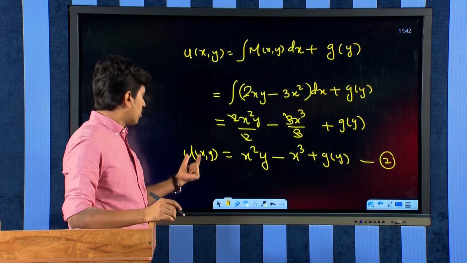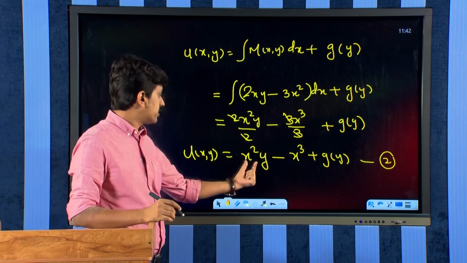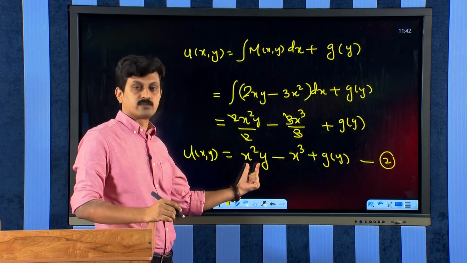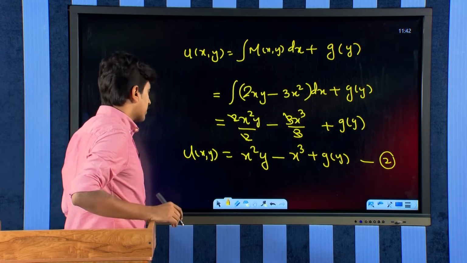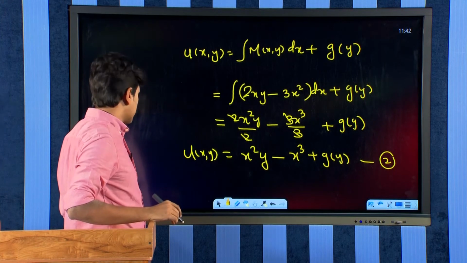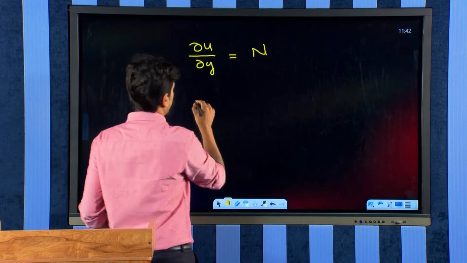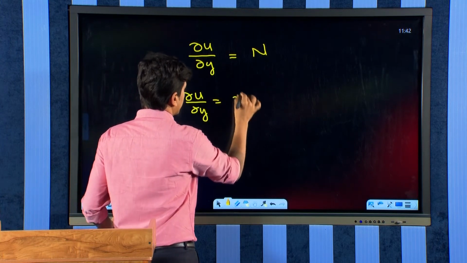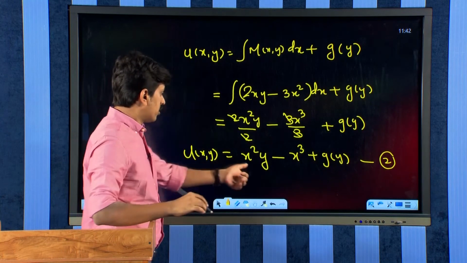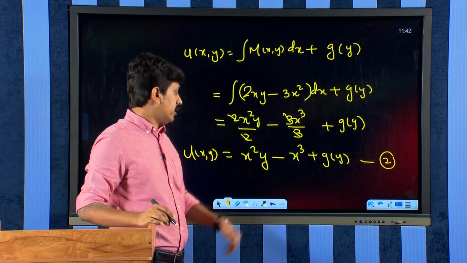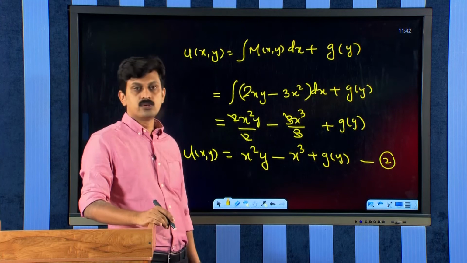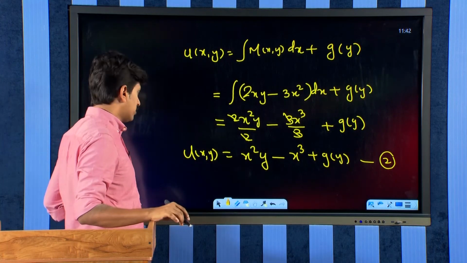So, dou u divided by dou y: we partially differentiate x square y with respect to y, therefore we will have x square. Then we partially differentiate x cube with respect to y, so that is equal to 0.